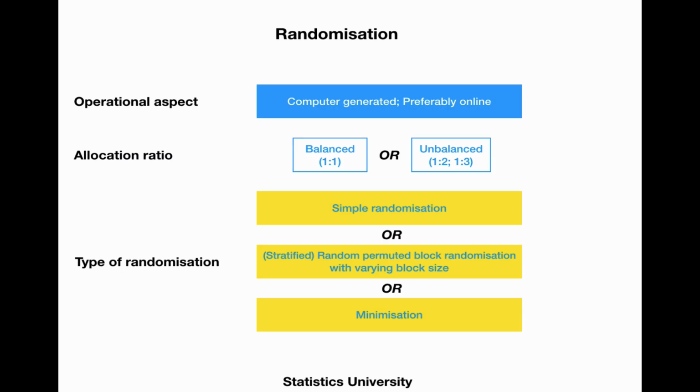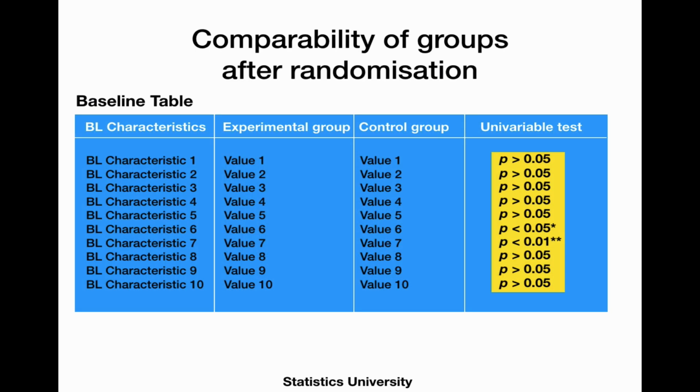Now, the permuted block randomization and minimization may have some additional benefits, especially in relatively smaller randomized controlled trials. But if you have a nice, large randomized controlled trial, then simple randomization should do the trick.